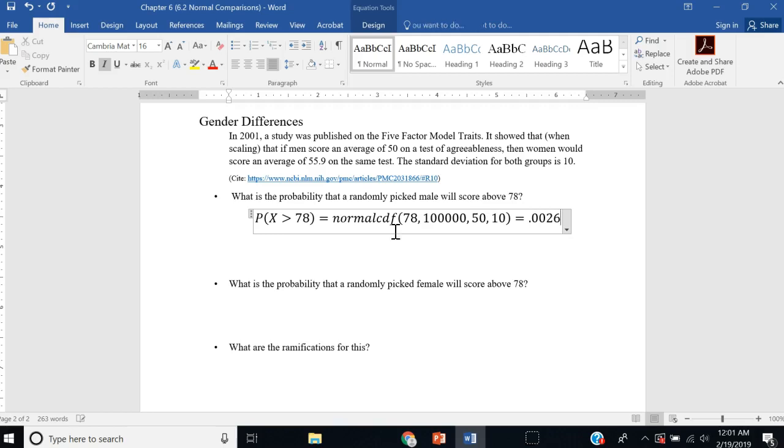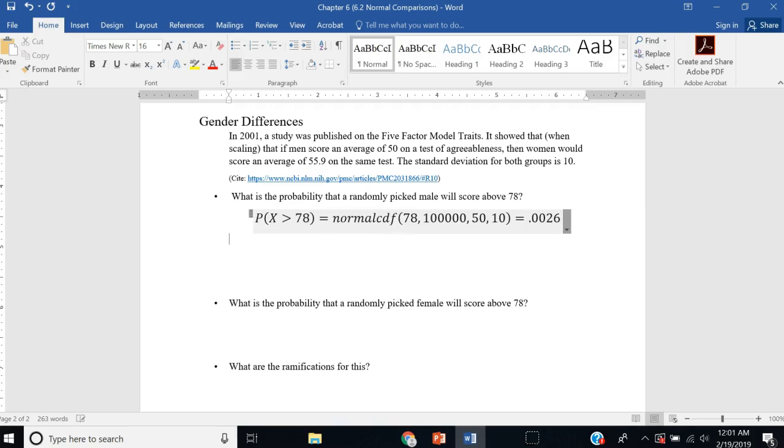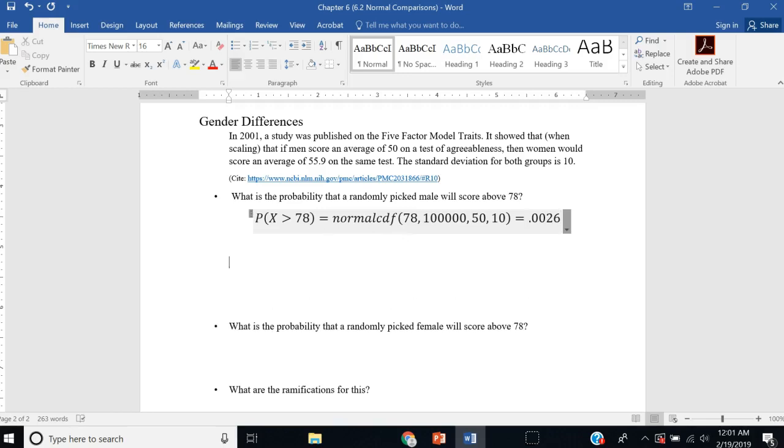So you have about a 0.26% chance that a randomly picked male scores above 78. So think about it this way.